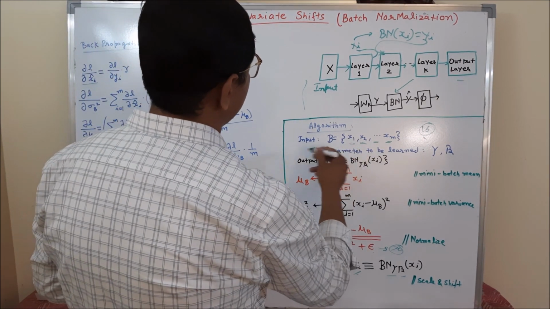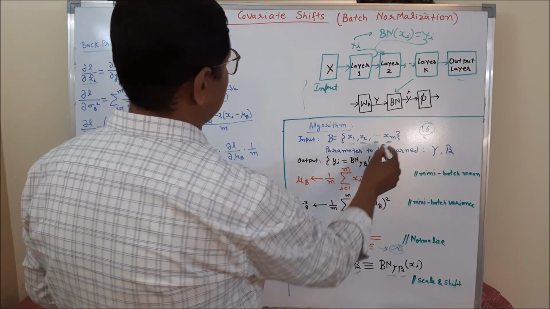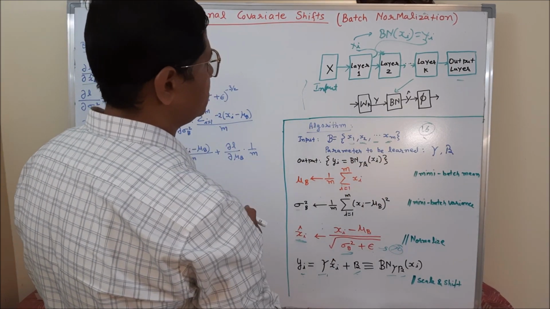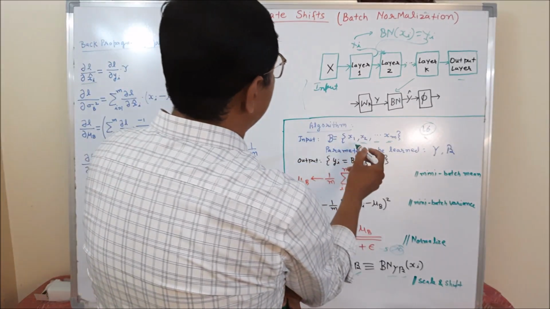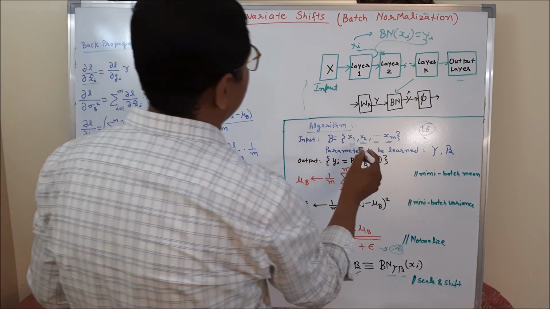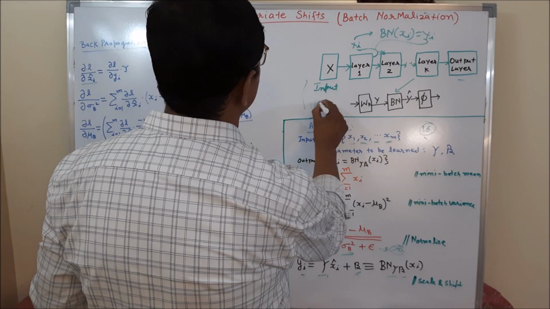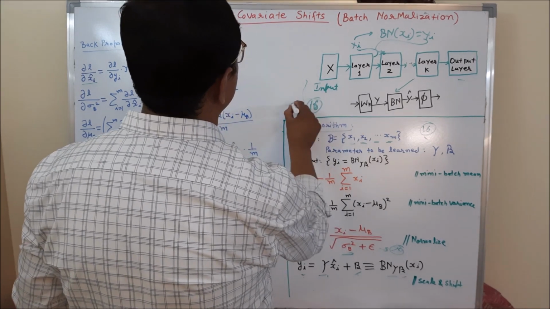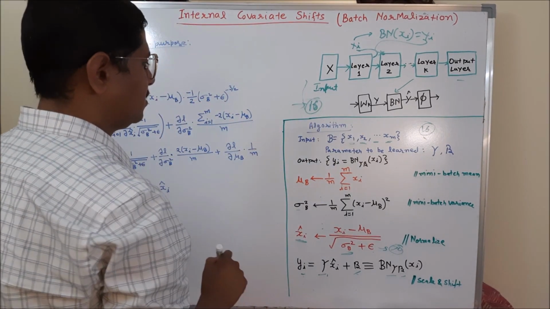Next, suppose you take a very high mini batch size. Even in that case, the system will not converge. Generally in batch normalization, we use a batch size greater than 16. Otherwise, in a lot of practical experiments, it is observed that it is not working well.